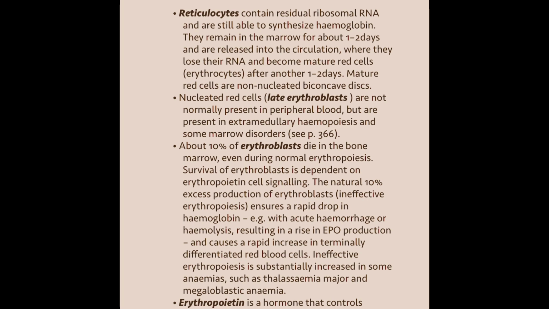Ineffective erythropoiesis ensures a rapid response to a drop in hemoglobin, e.g., with acute hemorrhage or hemolysis, resulting in a rise in erythropoietin production and causing a rapid increase in terminally differentiated red blood cells. Ineffective erythropoiesis is substantially increased in some anemias such as thalassemia major and megaloblastic anemia.